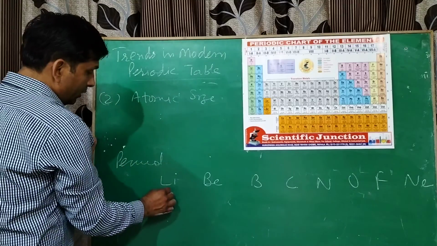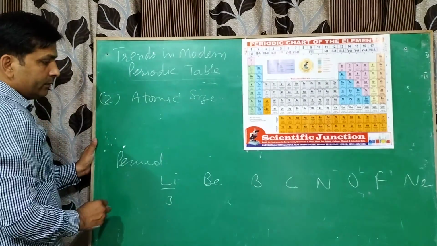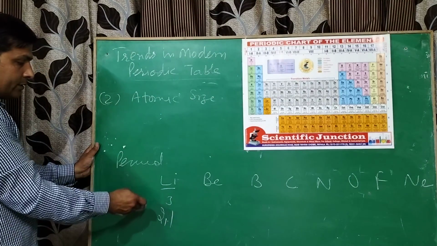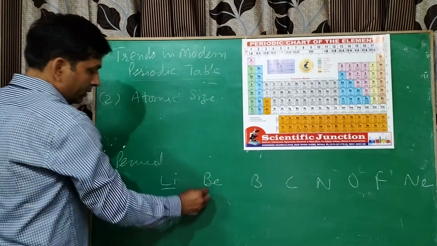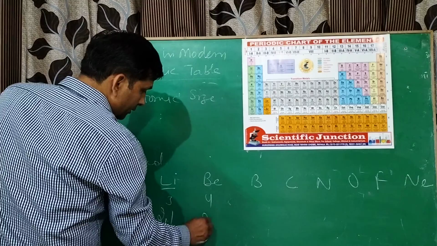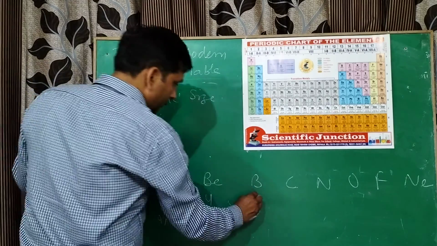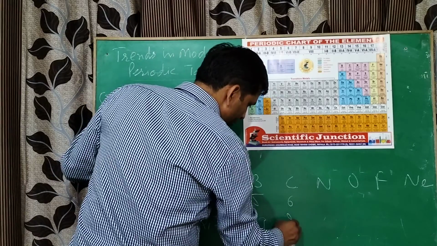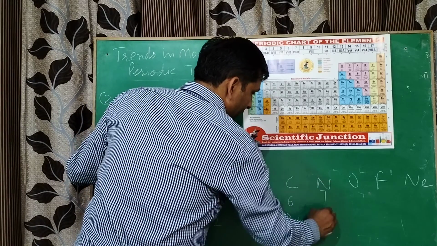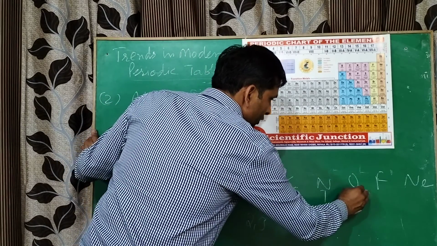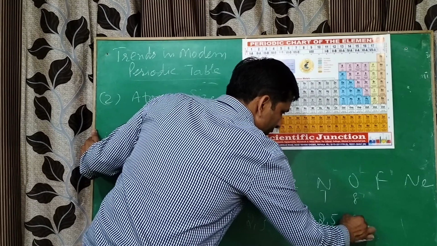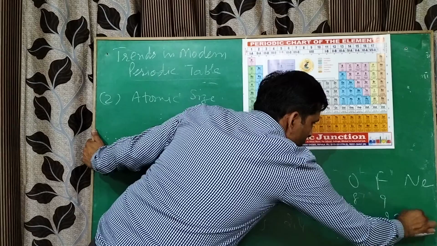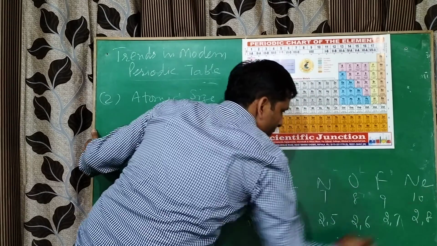Lithium's atomic number is 3 and its configuration is 2,1; atomic number 4, configuration 2,2; atomic number 5, 2,3; atomic number 6, 2,4; atomic number 7, 2,5; atomic number 8, 2,6; atomic number 9, 2,7; then 2,8.